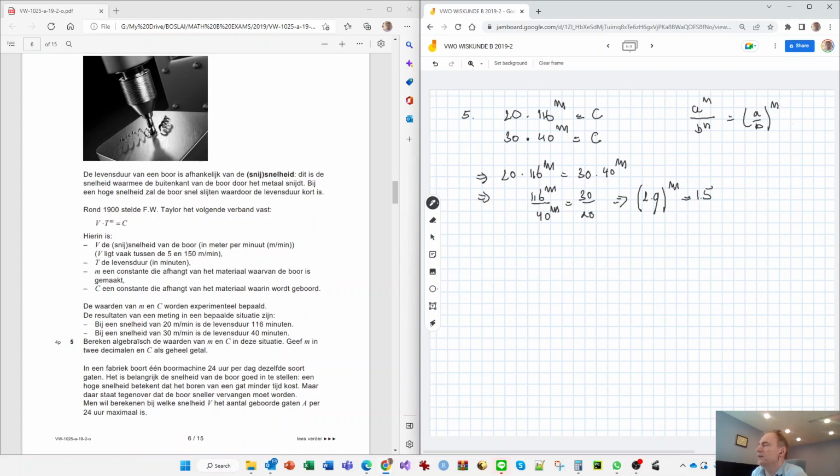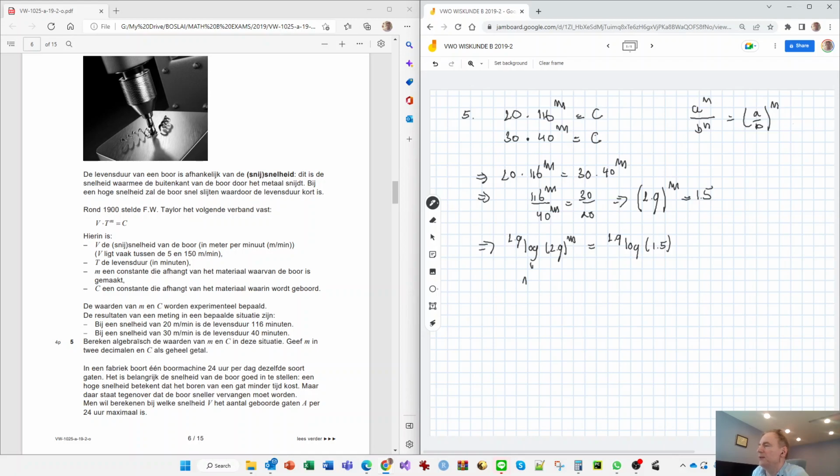So let's actually do that. I'll write it out. So log base 2.9 of 1.5, this is a logarithm of base 2.9, and this is m.